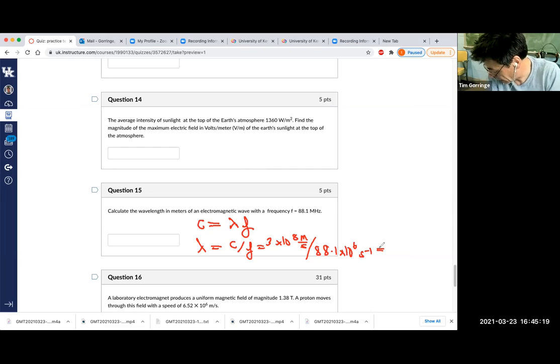And if I calculate that, I've already done it, I got 3.4 meters. And so that's the wavelength of an electromagnetic wave that has a frequency of 88.1 megahertz.